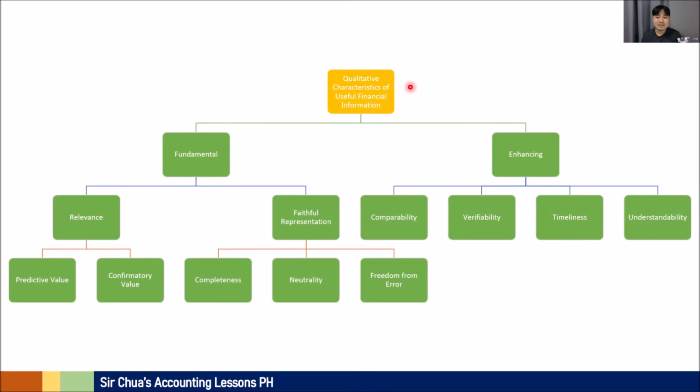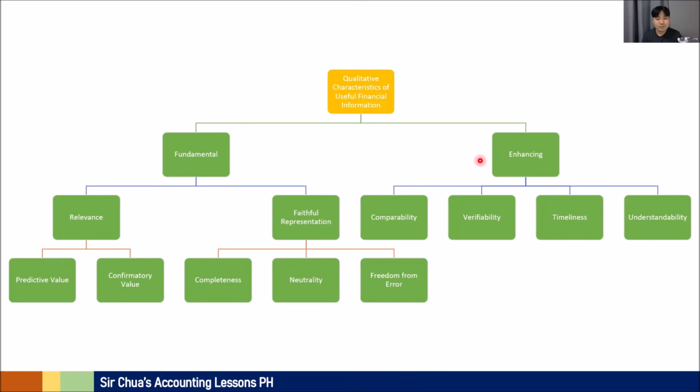So, as a quick glance on that chapter, ito po talaga yan, no? We have the qualitative characteristics of useful financial information, which can be divided into two. The fundamental qualitative characteristics, ibig sabihin mga starting point na by default dapat meron siya nito. And then, ang magpapa-enhance sa kanya is syempre itong nasa enhancing qualitative characteristics. Okay, ganun po yun. So, for fundamental qualitative characteristics, we have relevance and faithful representation.